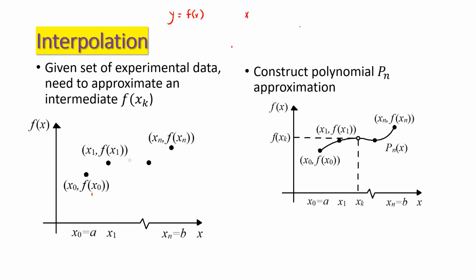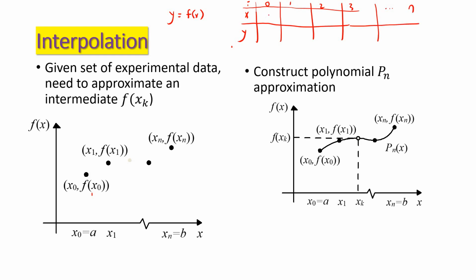For example, let's say from your experiment, you have your x, y data. In general, let's say x0, f(x0), where i indicates the position of your data. i is 0, 1, 2, 3, up to n data. Since y equals f(x), you have x0, f(x0), x1, f(x1), up to xn, f(xn).